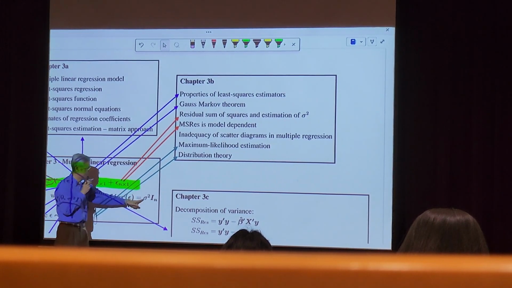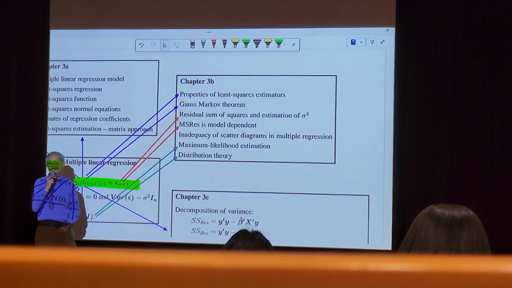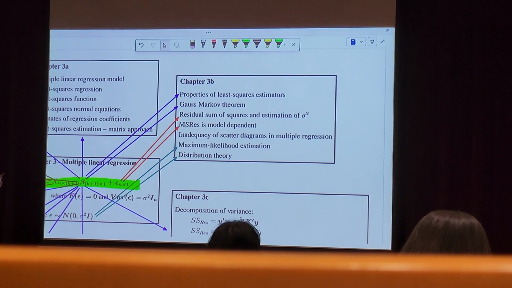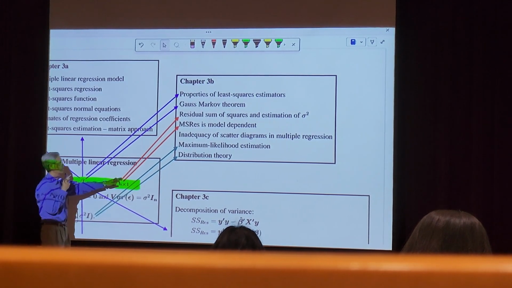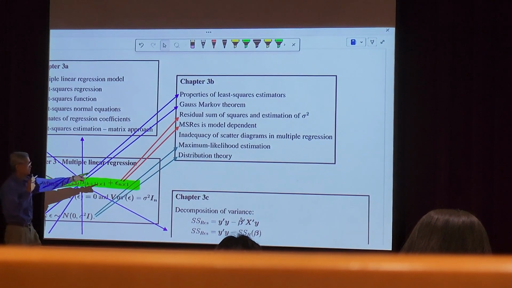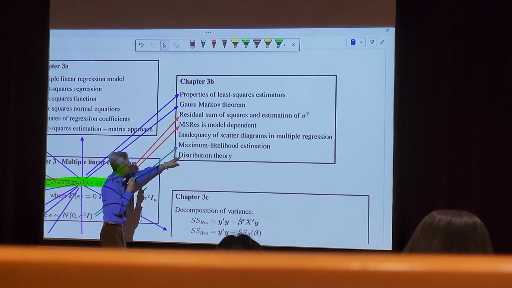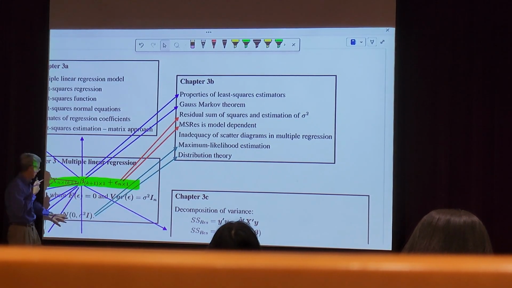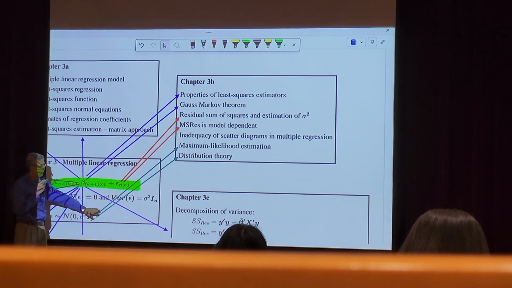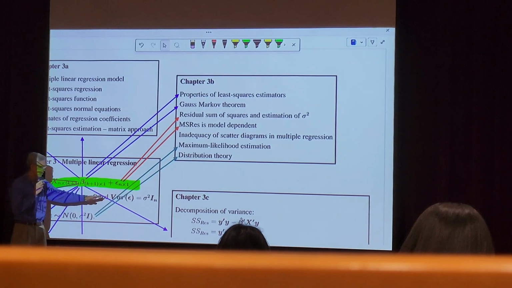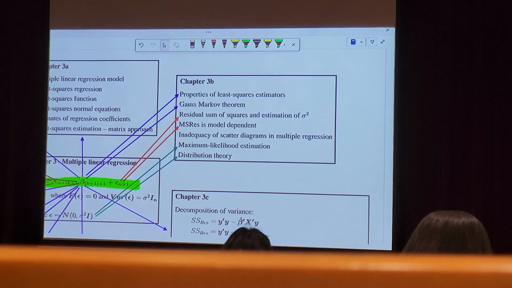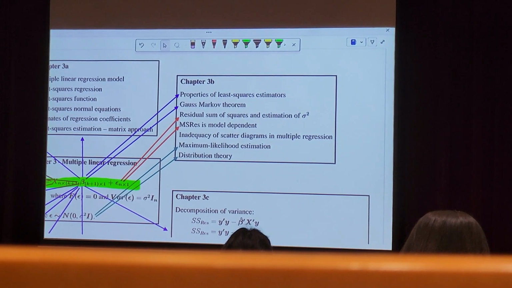We actually estimate the constant variance of the random error. Okay? And for maximum likelihood estimation and distribution theory, you need this assumption. That's why I have two arrows here pointing to maximum likelihood estimation and distribution theory.